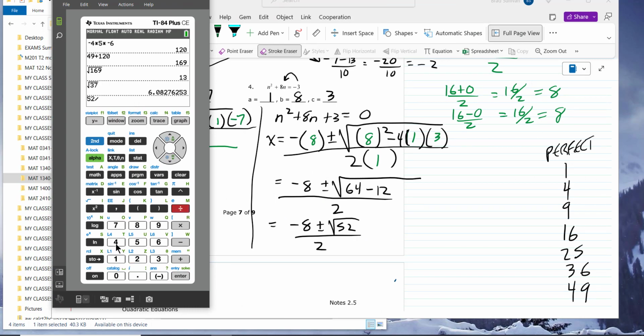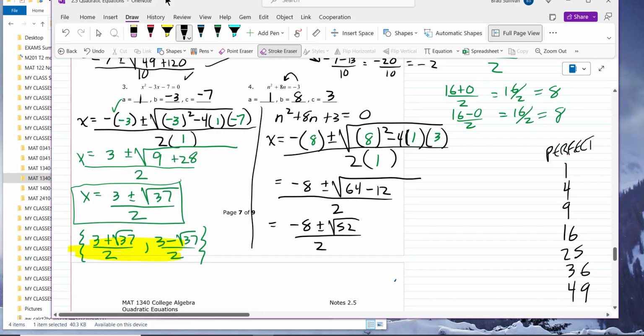Well, 52 divided by 4, let's see what happens. That gives 13. So that means we have to break this up into 4 times 13. So the next step you take is you have -8 plus or minus the square root of 4 times the square root of 13 all over 2. You have to do that.